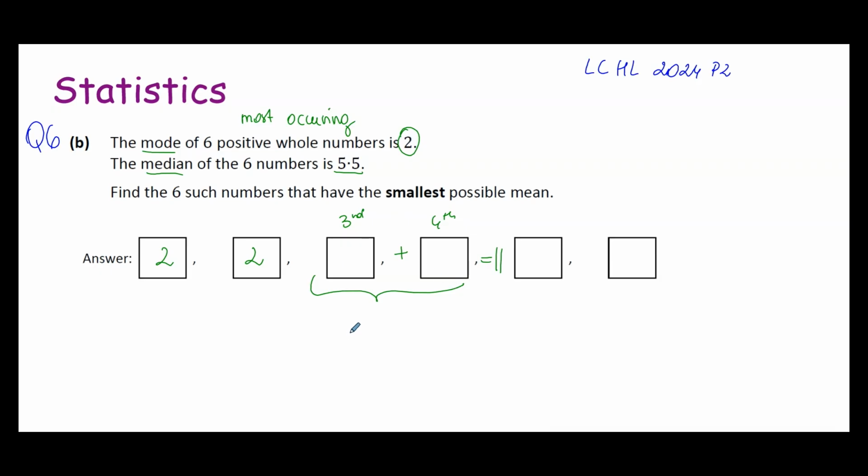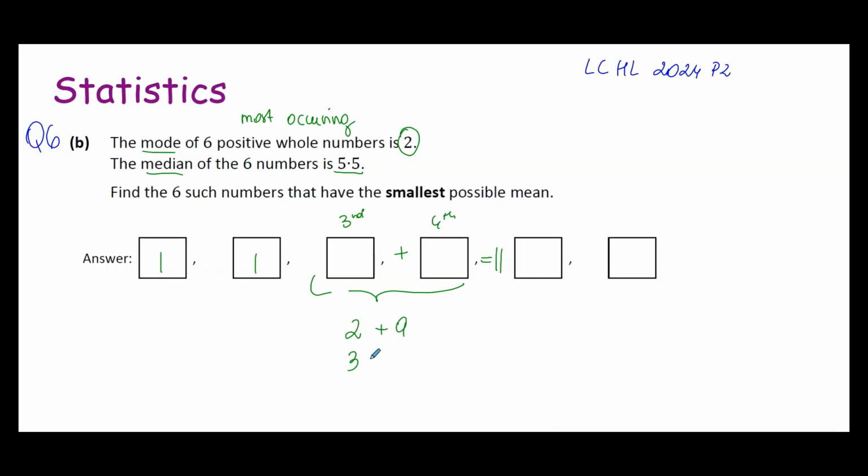What kind of numbers can be added together to be 11? Well, I could have 1 and 10. The problem here is that if this is 1, let's not forget that our numbers are put in order, isn't it? So that means 1, 1, and then 10. So where is 2? Okay, so it cannot be that. What's the other option? If not 1, then the second one is 2. 2 and 9 will give me 11.